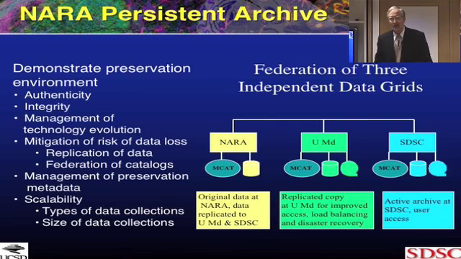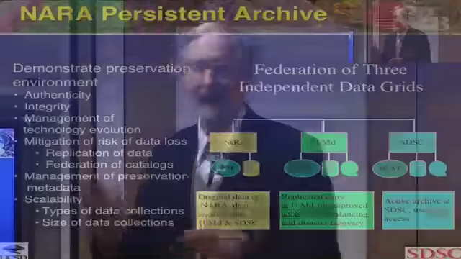At University of Maryland, there's a second independent data grid. In their case, they use the Informix database, and they have a different commercial provider for their disk technology, plus they have an archival tape system. In San Diego, we have a third independent data management environment where we have an Oracle database, a different set of commodity disk, and a different type of archival tape system.